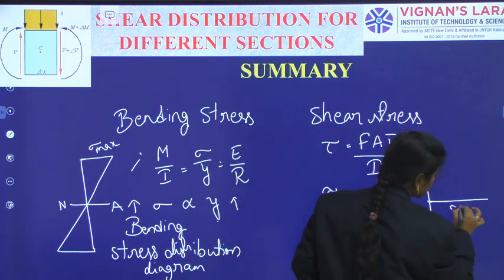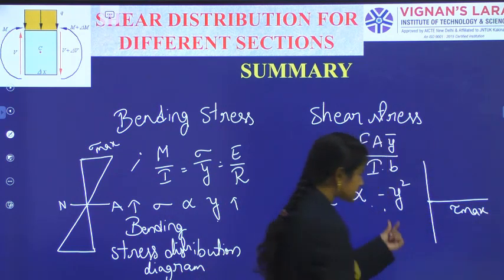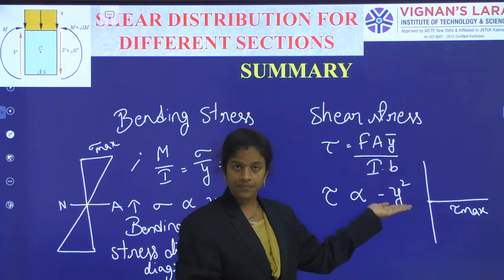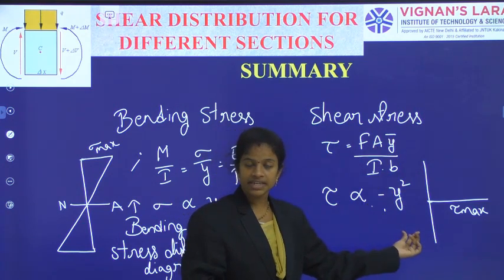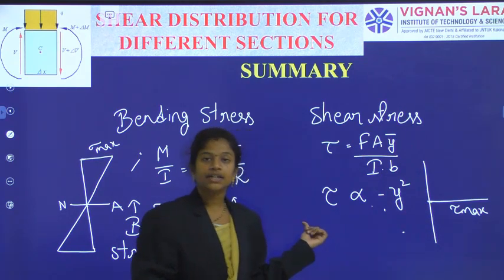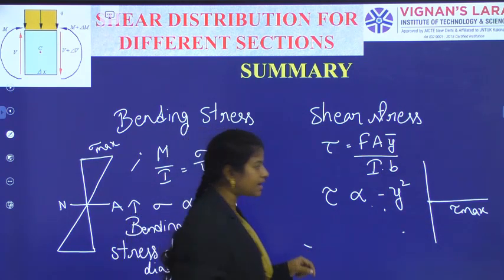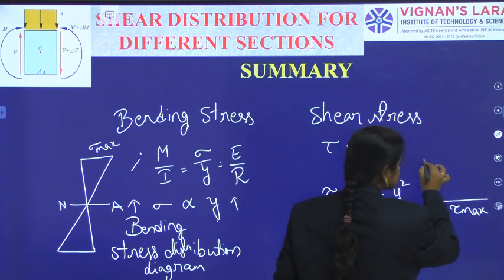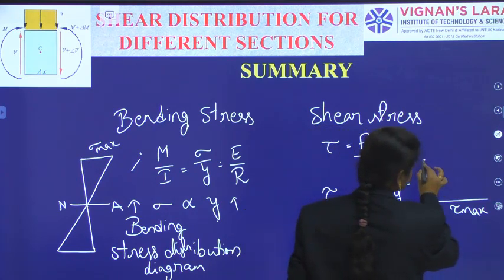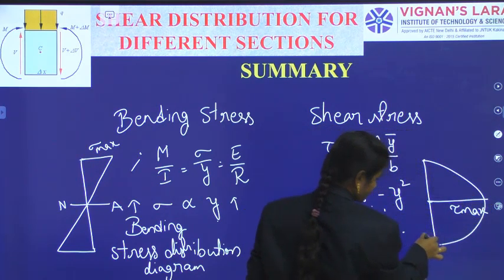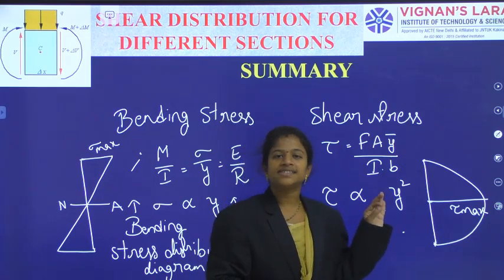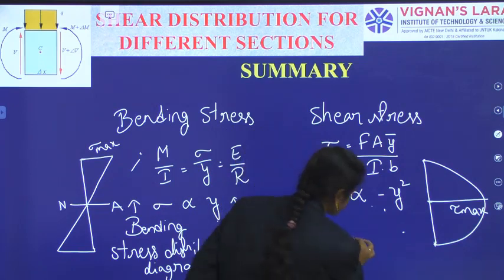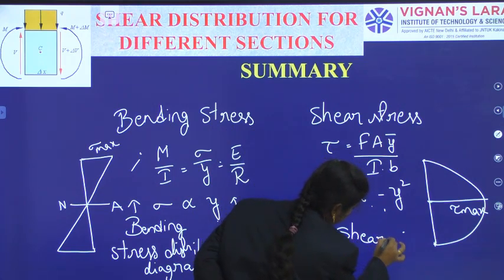As the Y value gets raised and I reach the extreme fibers, Y is increasing as a square with a negative, so tau will become least, and at the complete extreme fibers it will reach 0. In this way, for a general rectangular section, the bending stress distribution diagram and shear stress distribution diagram will come.